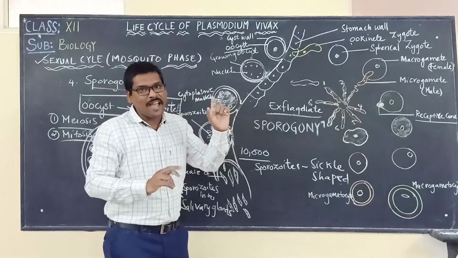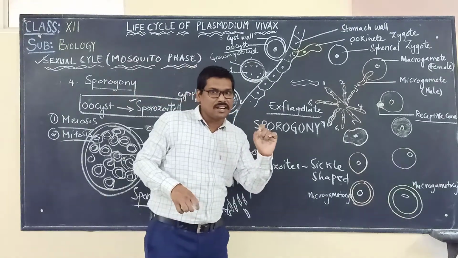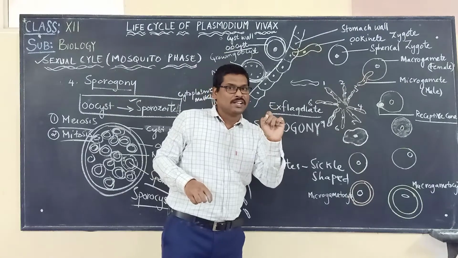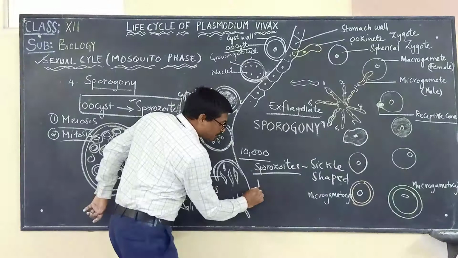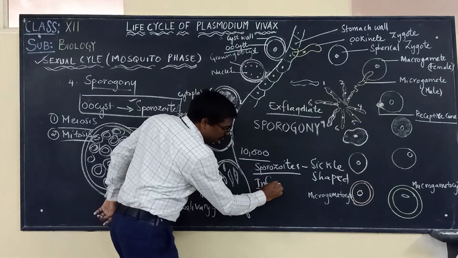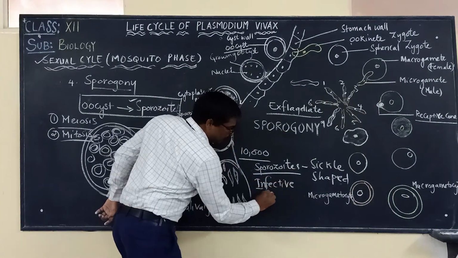Now this female anopheles mosquito contains sporozoids, and we already stressed that sporozoids are the infective stage of Plasmodium.